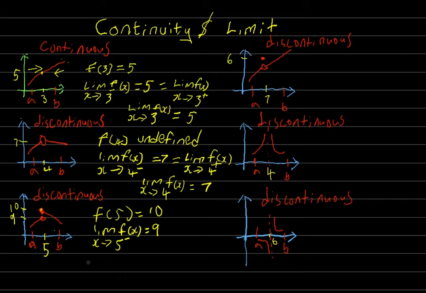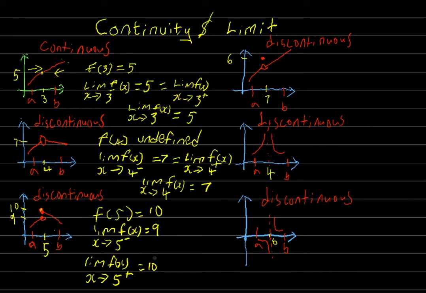And if we cross check the limit of f of x as x approaches 5 from the right hand side, the limit is 10. You can see from this graph, if it goes up, there is 10.